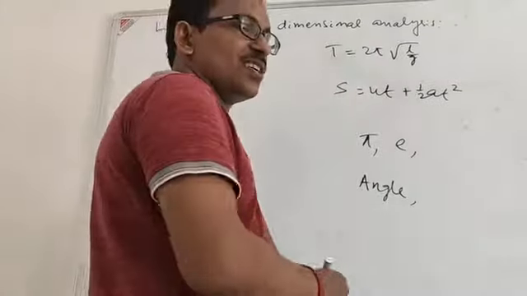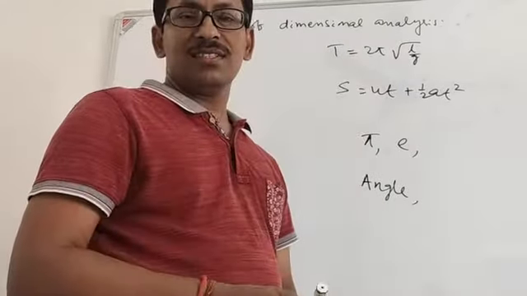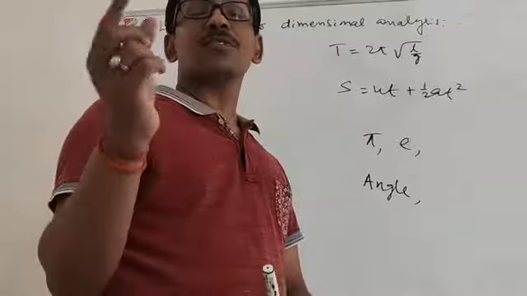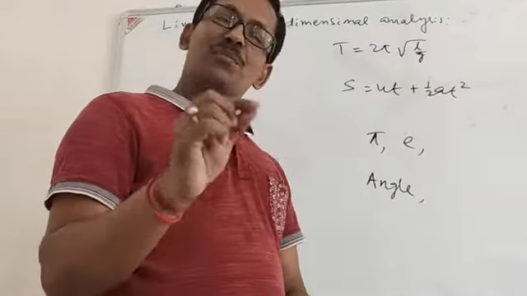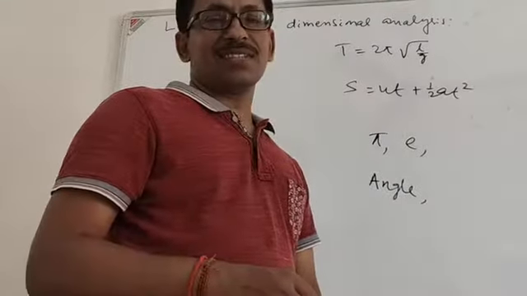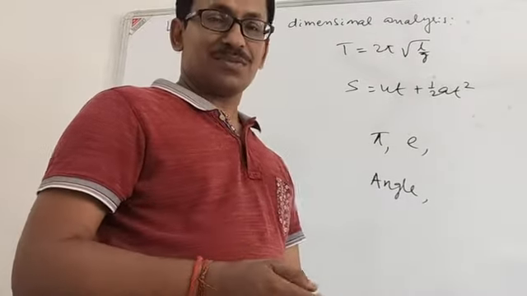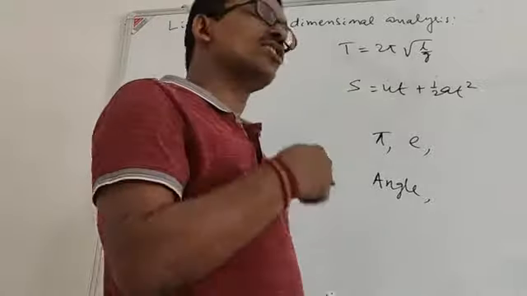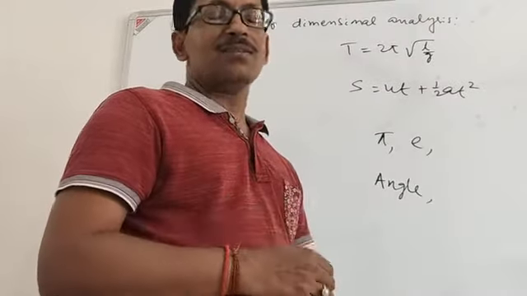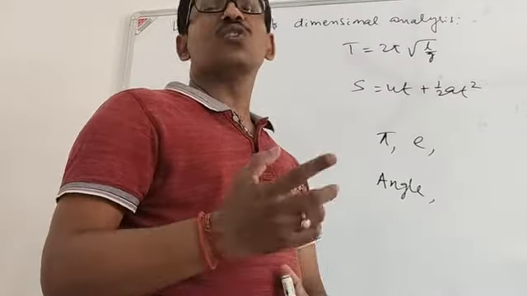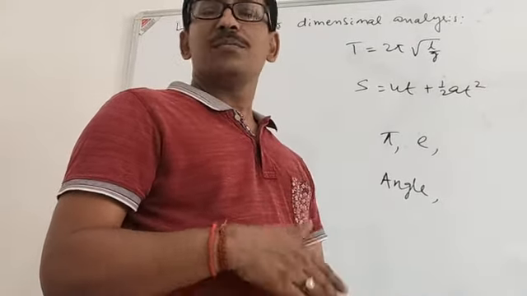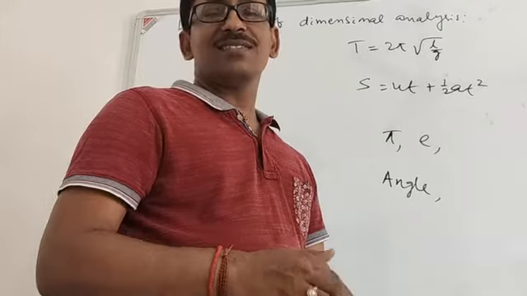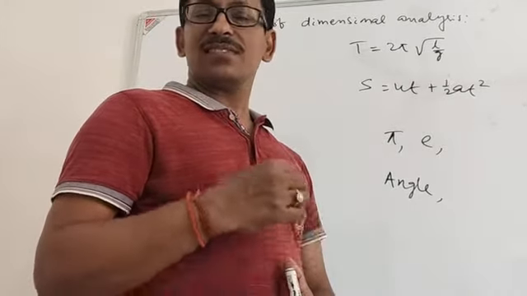Relative density or specific gravity, it is the ratio of density of the substance to the density of water. It is a variable. For different materials, the value is different. So relative density or specific gravity, angle, dielectric constant of a medium, they are all variables but having no dimension.